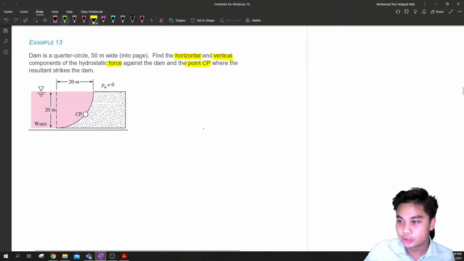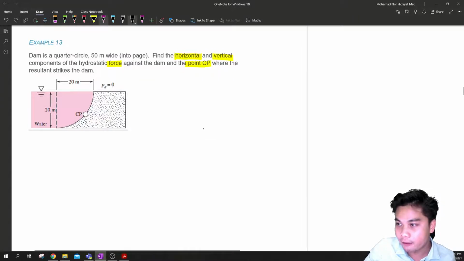So the first step, we need to draw the free body diagram. From here, try to extract where the forces are involved. Definitely CP is where the force is located.